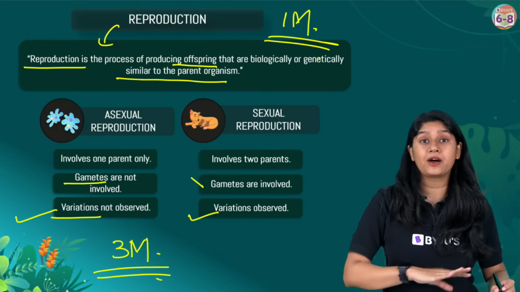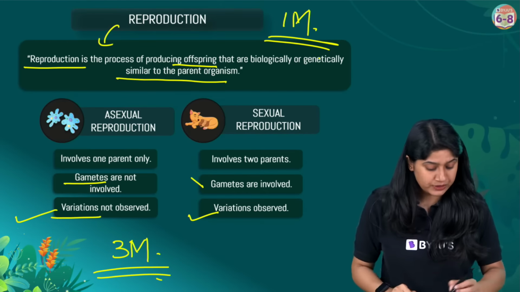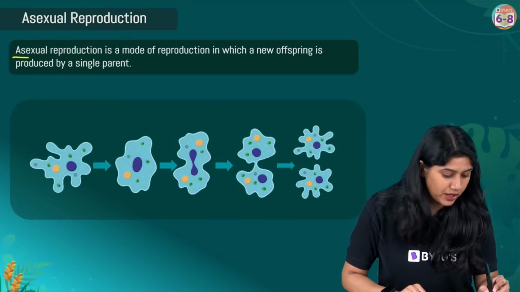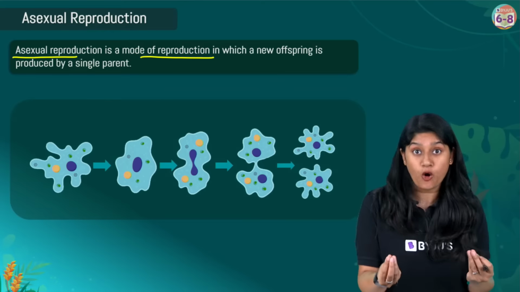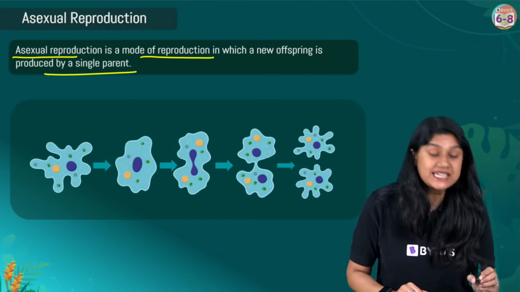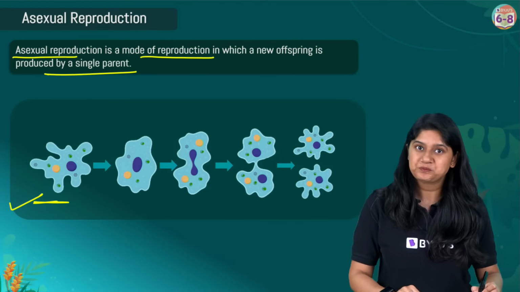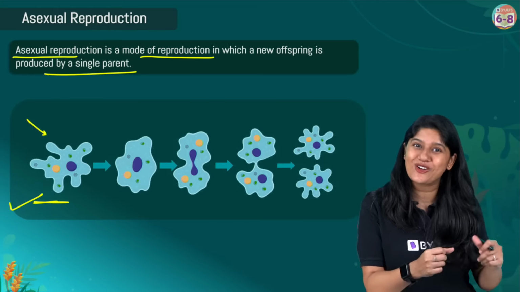Now that we are clear about the difference between sexual and asexual reproduction, and about reproduction itself, let's take a deeper look at asexual reproduction. Asexual reproduction is a mode of reproduction in which a new organism or new offspring is produced by a single parent. Here we have an example of amoeba, which is just one single cell, a unicellular organism.